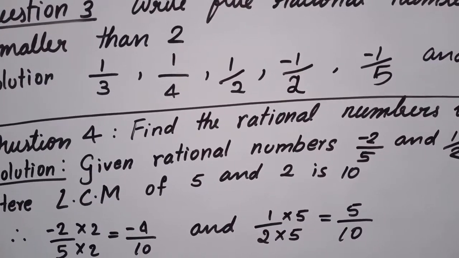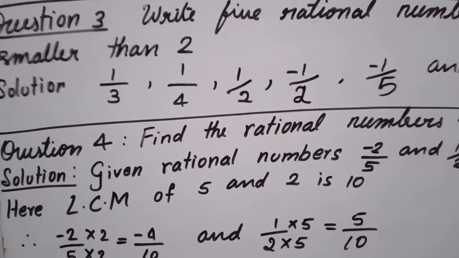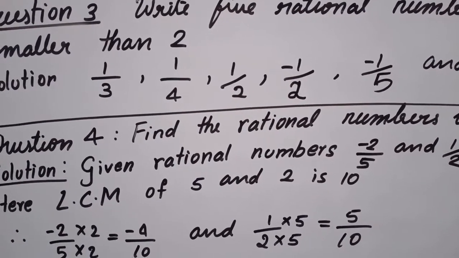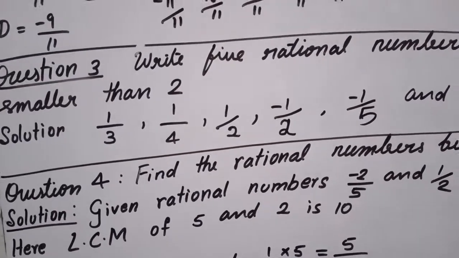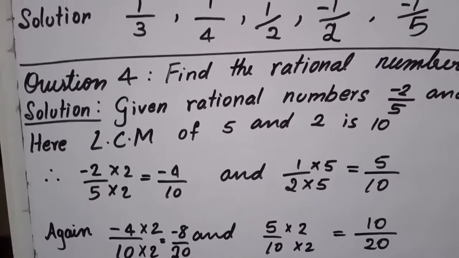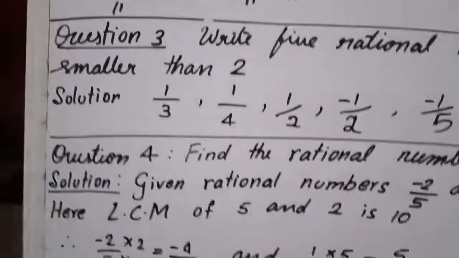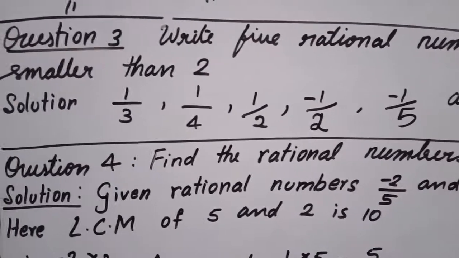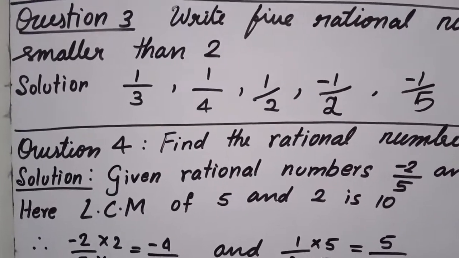As you know very well, in a fraction, when we are going to make any changes, we have to apply it to both numerator as well as denominator. So 5 ones are 5, 5 twos are 10. Again, minus 4 into 2. Why do I have to do it? That is also one of the questions. Here they have asked us to write 10 rational numbers.